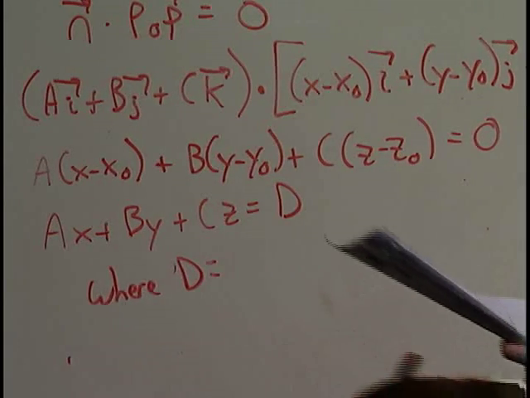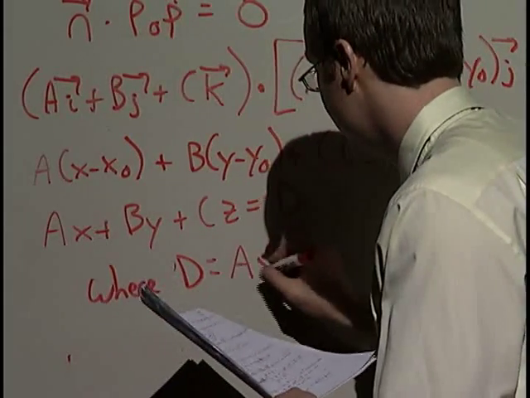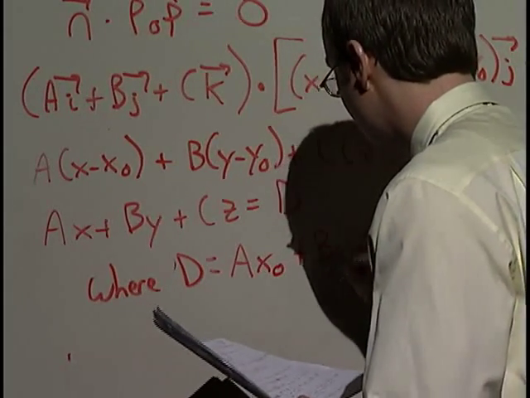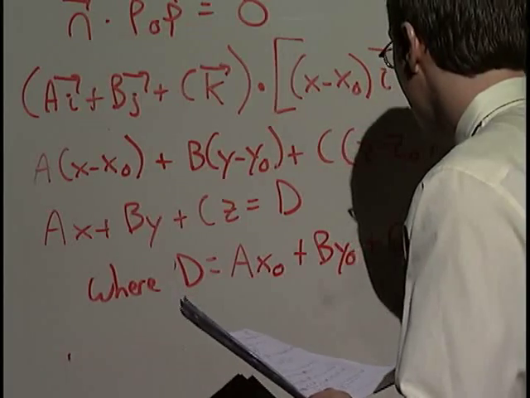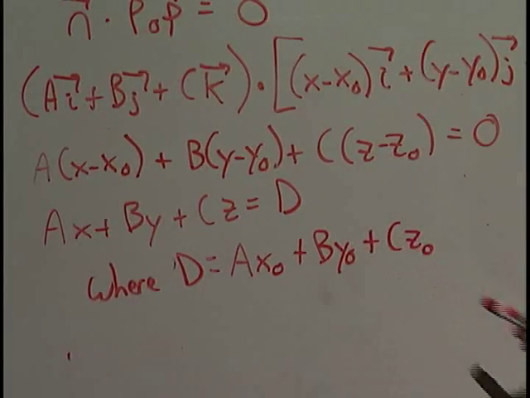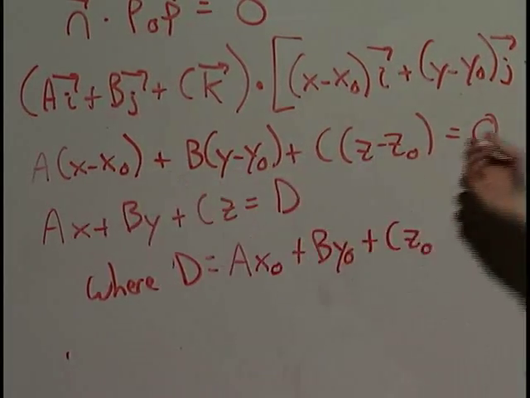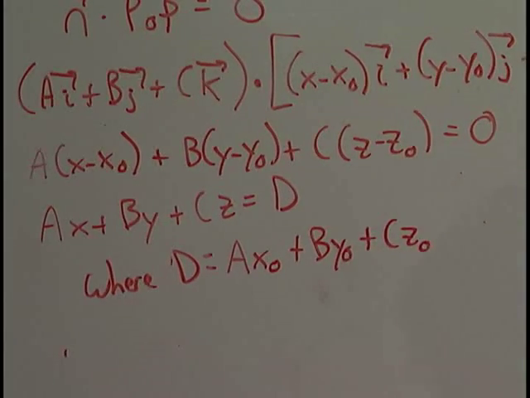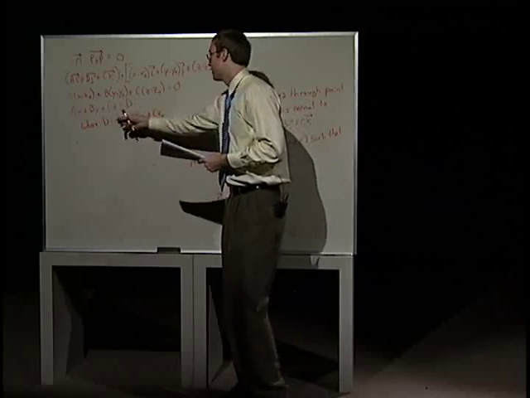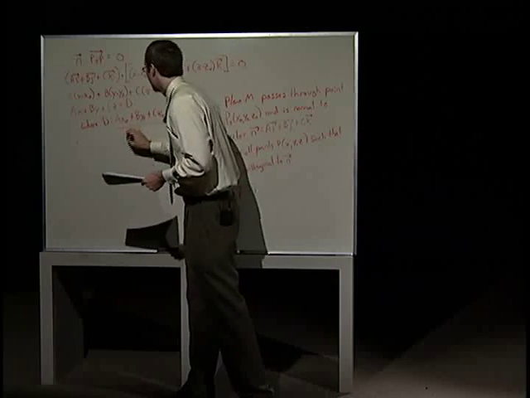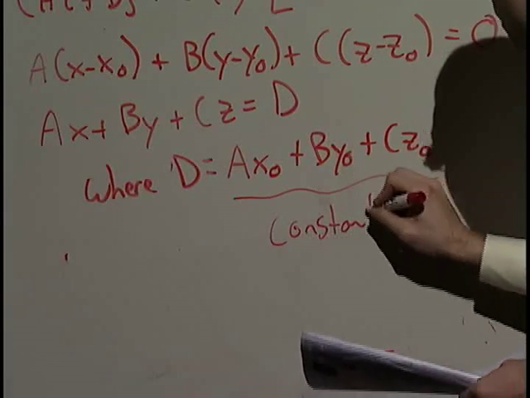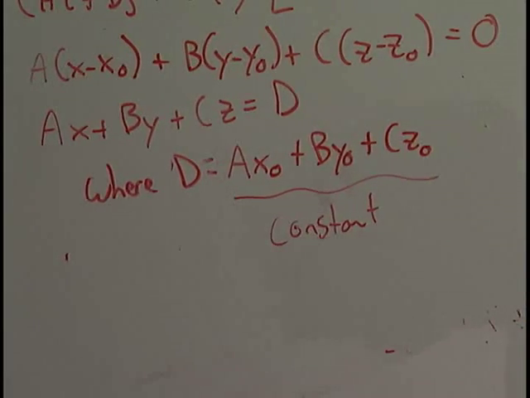I'll put them all into d just to make life look a little easier for us. Make these equations a little less daunting. And that's plus and plus because I moved them to the other side. So I moved all the negative terms over here to get d. So there is your basic equation for the plane. There's your constant. Okay? All right.